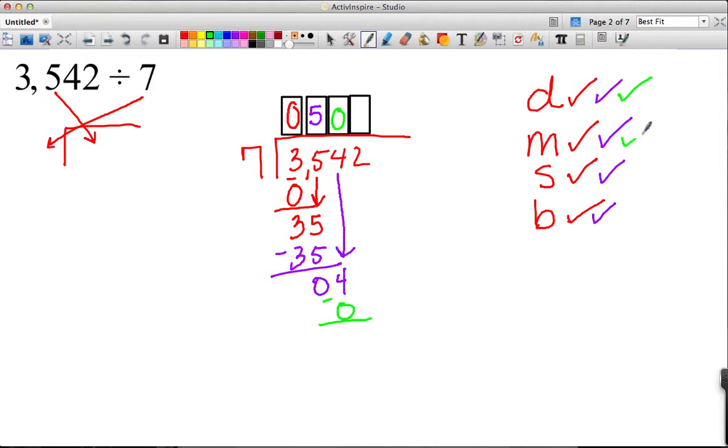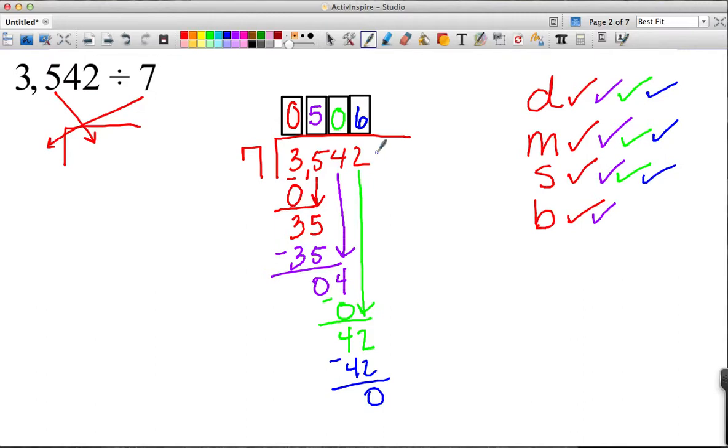Now I can subtract and I get 4. But now I have to remember to bring down the 2 before I do anything else. So now I can do 42, 7 goes into 42 6 times. 6 times 7 is 42. There's my multiply. Now I can subtract and I get 0.